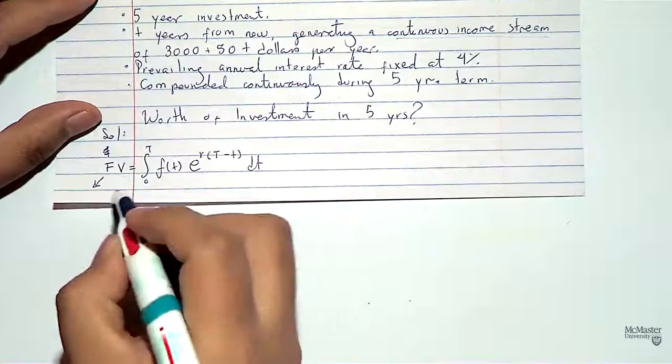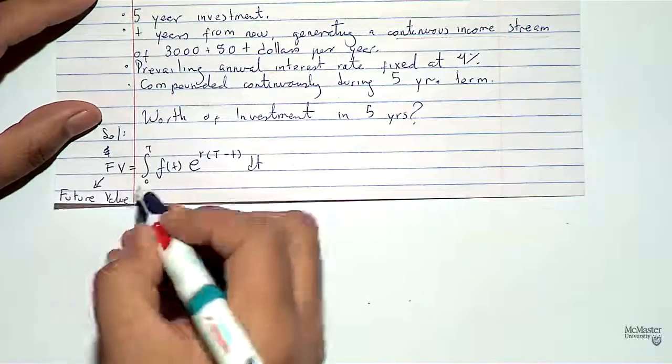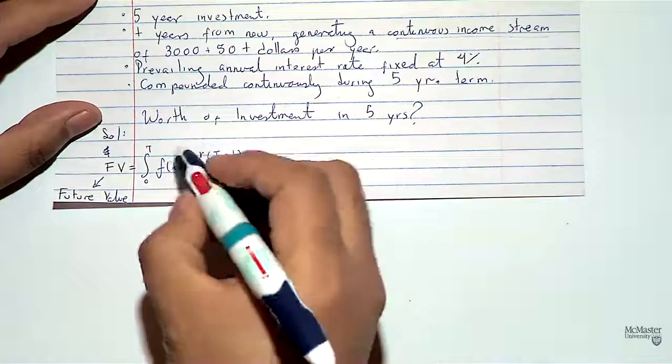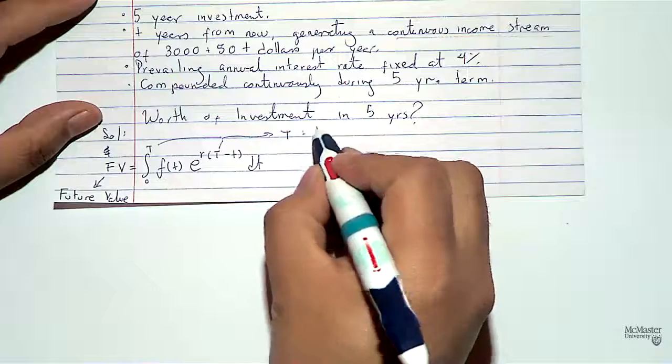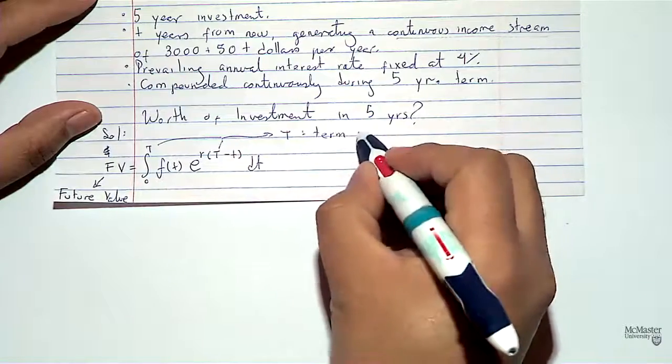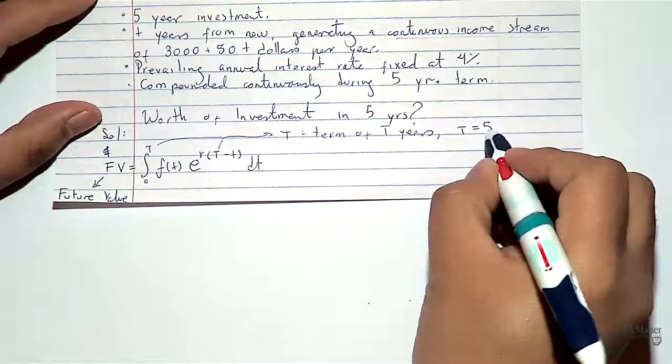So FV is the future value. This T is the term. You have a term of T years, so T is equal to 5.